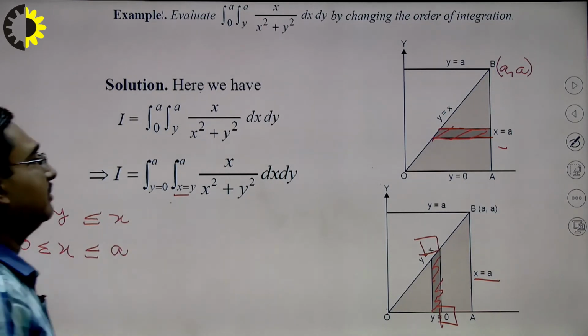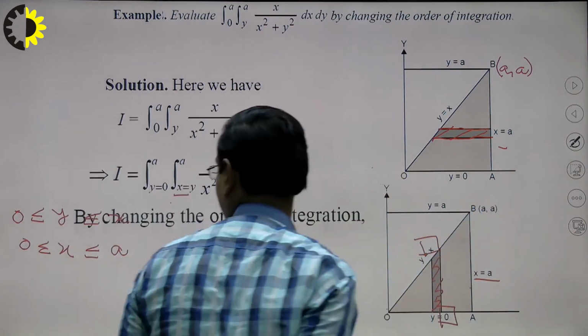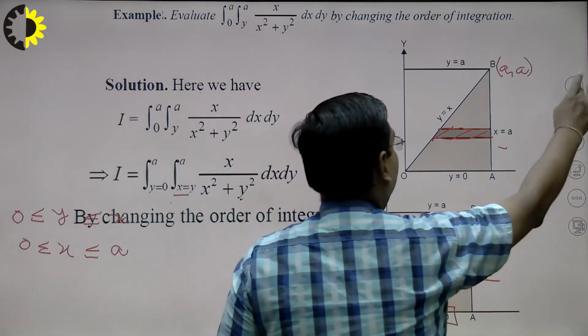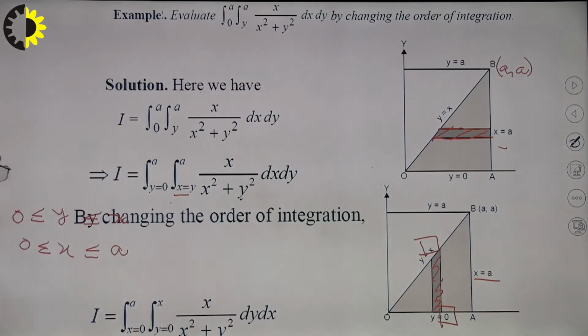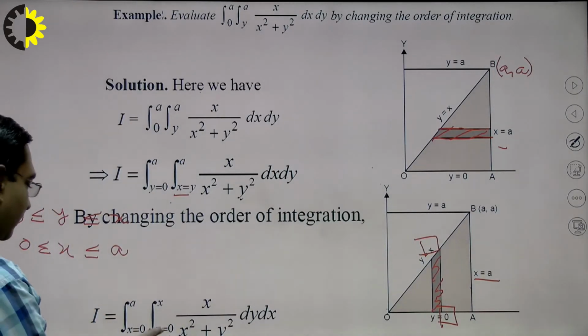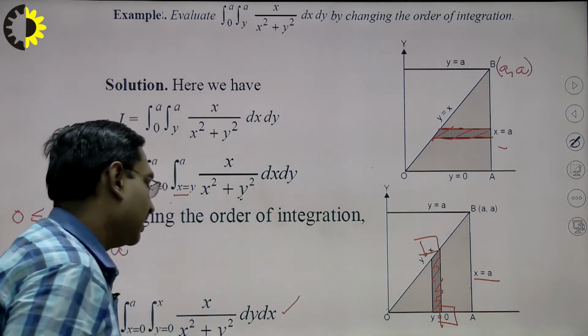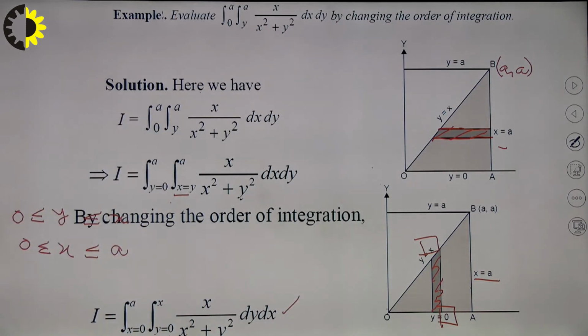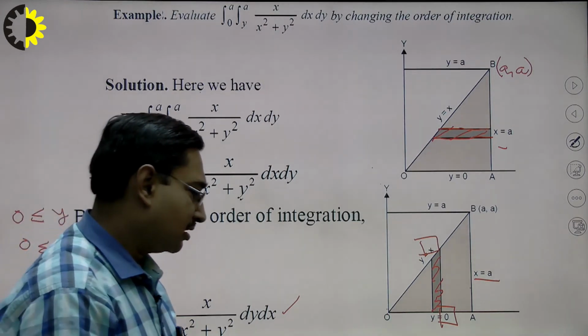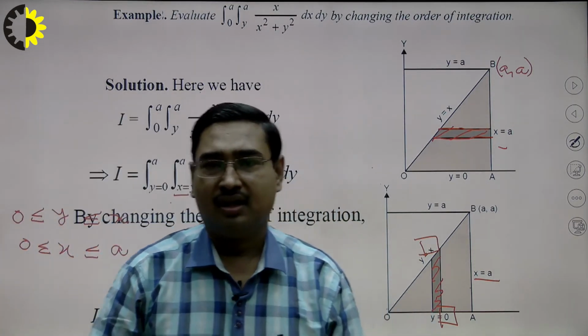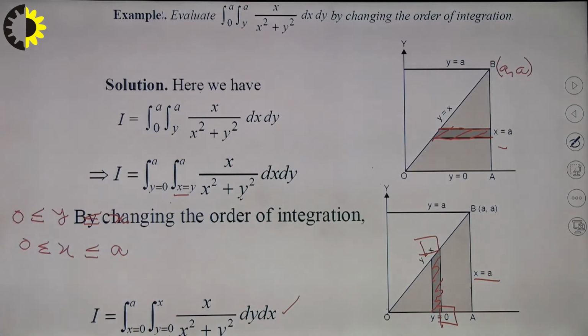Applying these limits, the integral becomes x from 0 to a, y from 0 to x, x upon x square plus y square dy dx, which is our required integration after changing the order of integration.